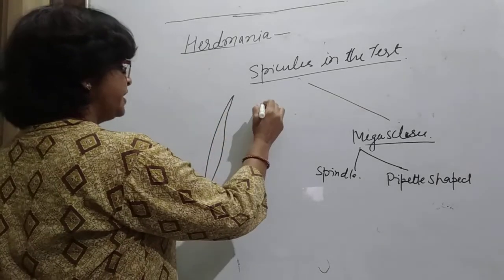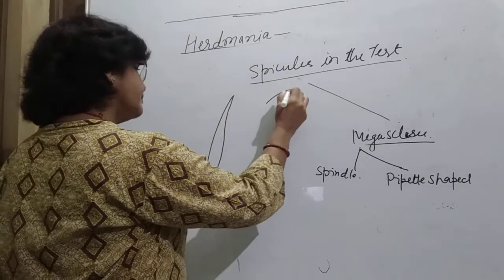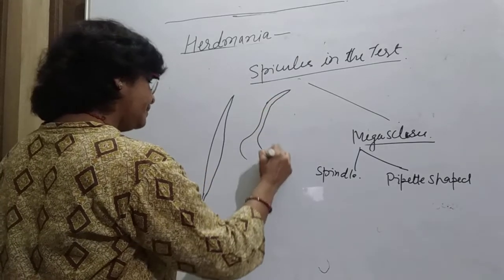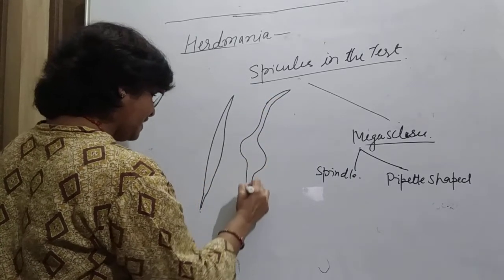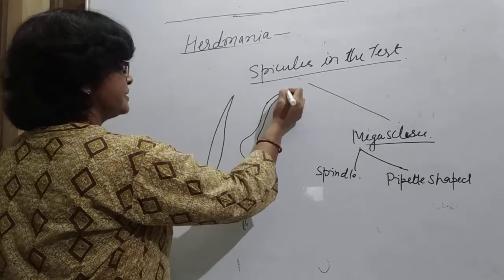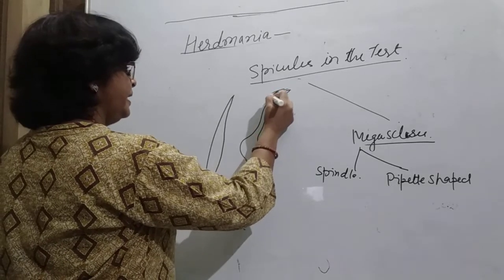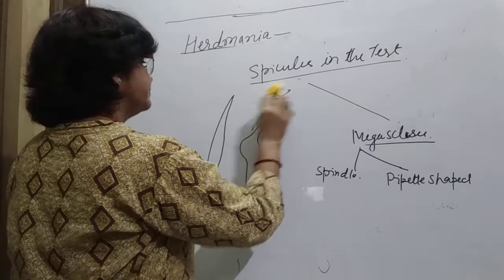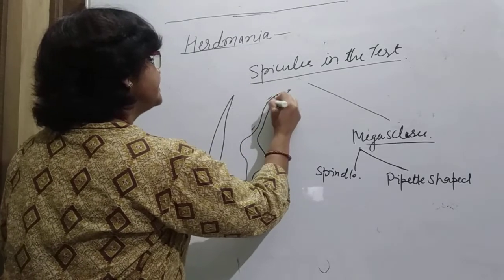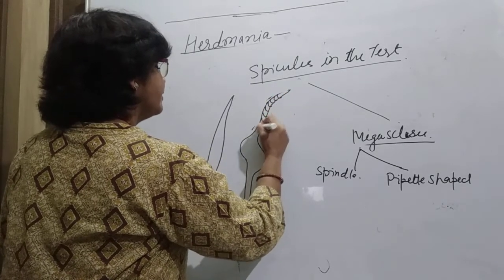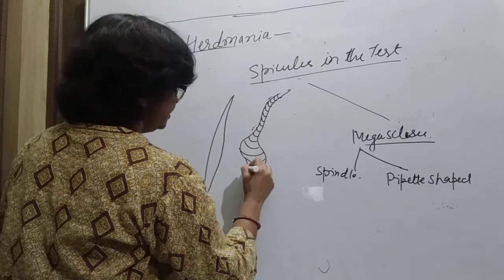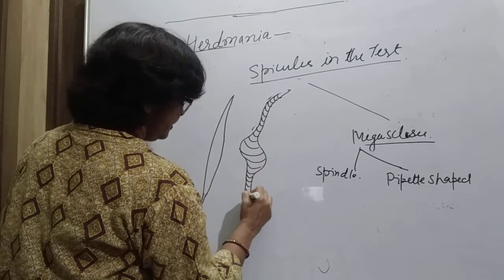And pipette shape means you have a pipette in your chemistry lab. This is like this with a bulb in the middle, and you can draw the rings of spines which surround the whole body of the megasclera.